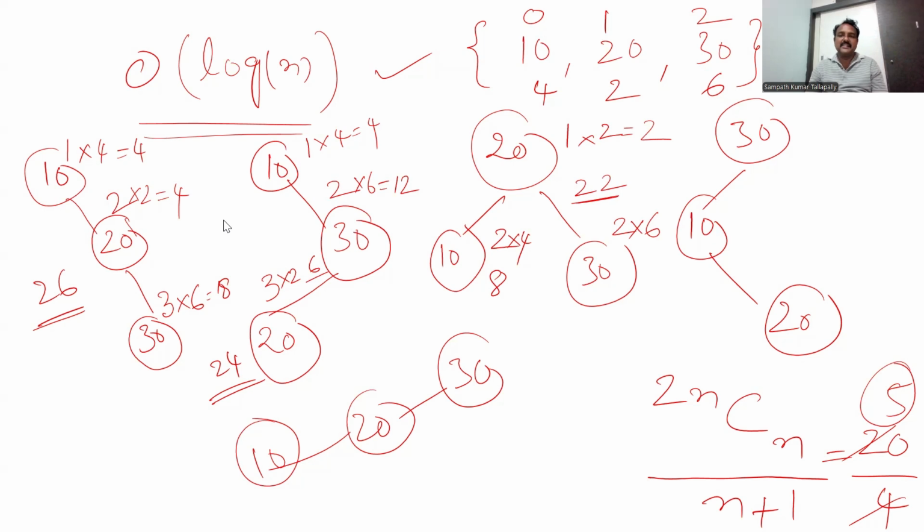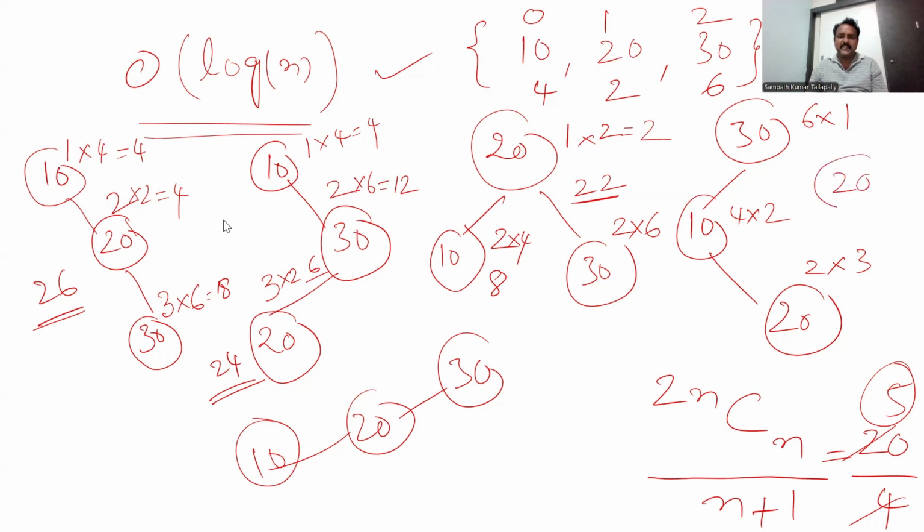Now if I take this example, I'll say 6 into 1, 4 into 2, and 2 into 3. So 6 plus 8 is 14, 14 plus 6 is 20.